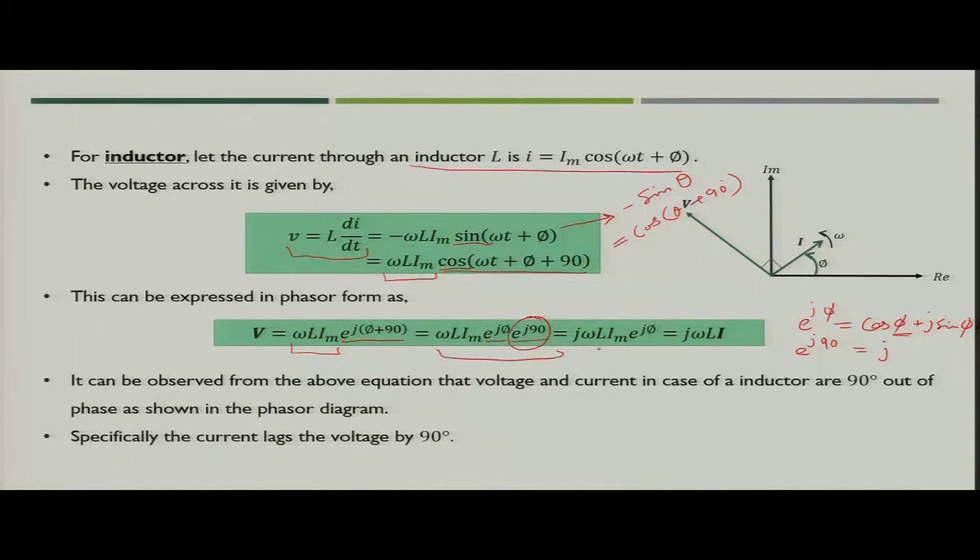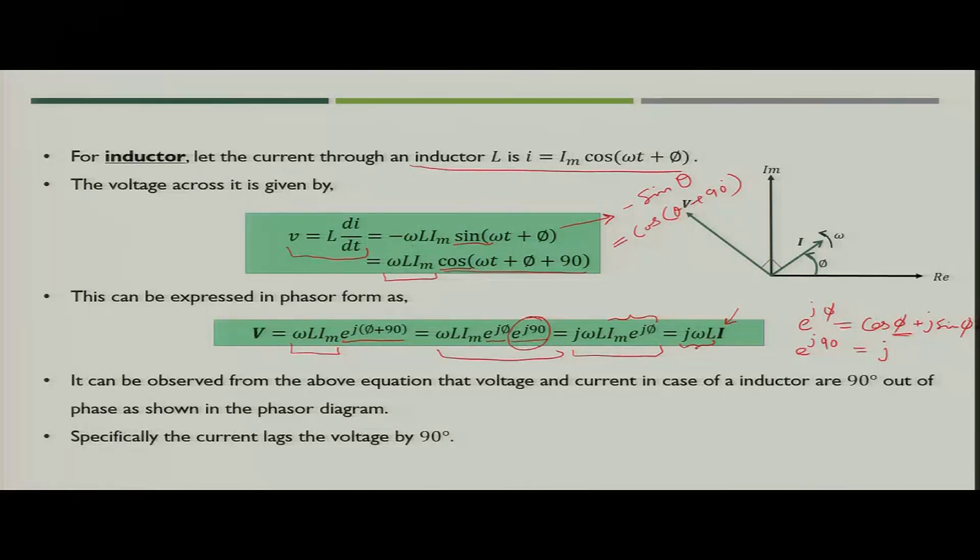This term can be simplified as j omega L Im e to the power j phi. This is nothing but the phasor representation of current, so you can write capital I in bold. The voltage phasor is j omega L times phasor I.